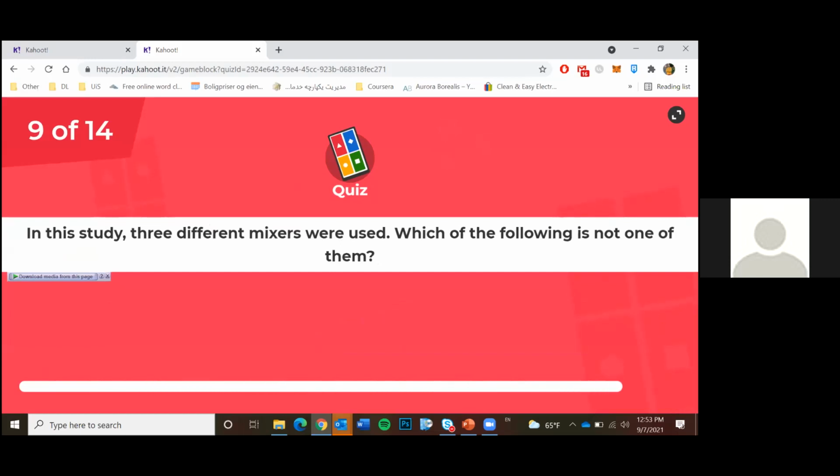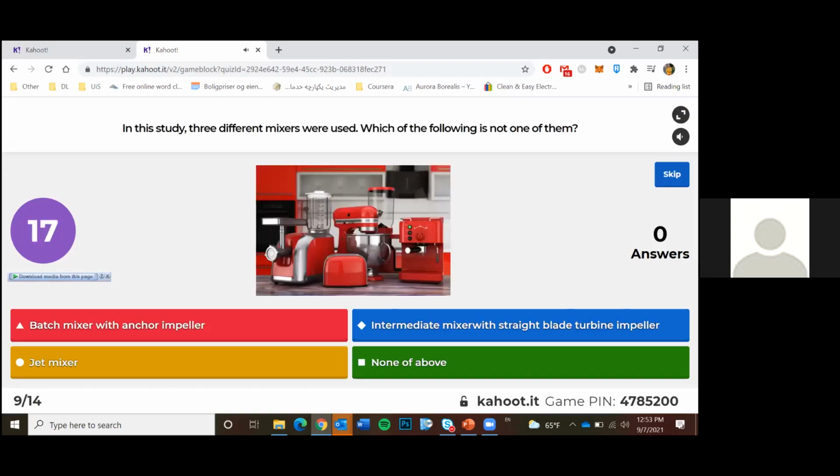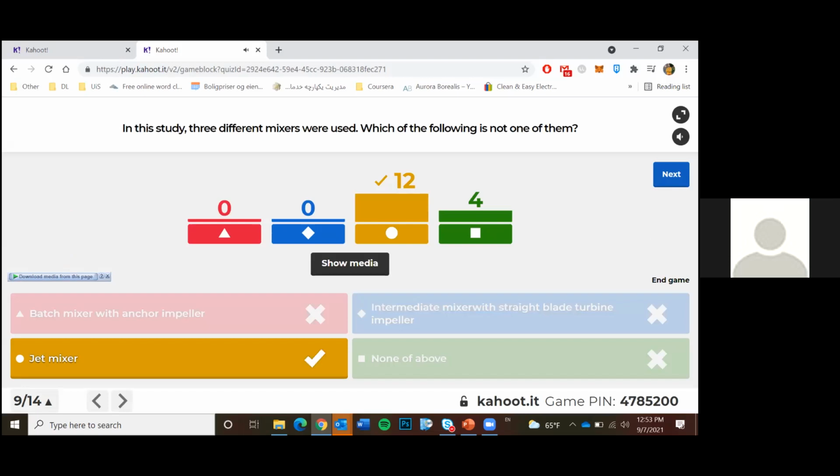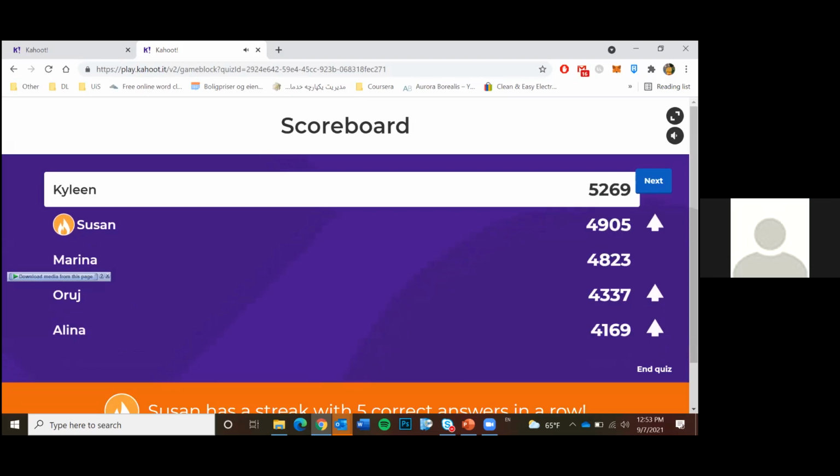Three different mixers I used in my studies. Which one was not one of them? Susan, you're on fire.